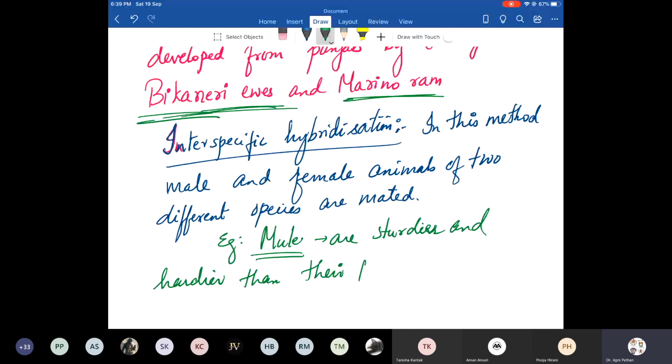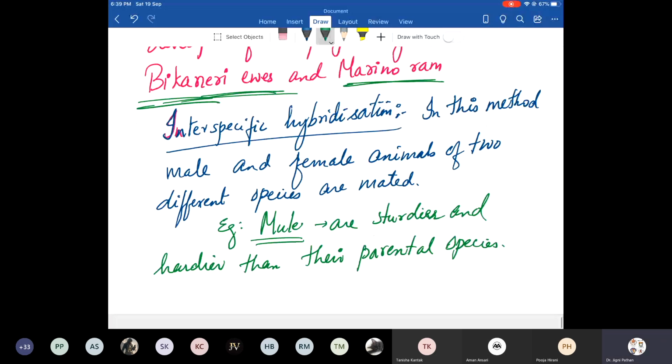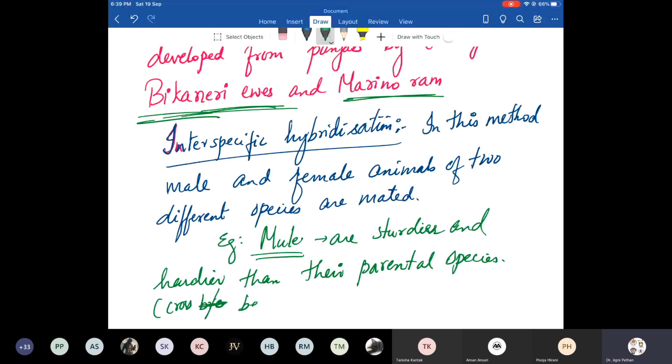Here, the mule is obtained by a cross between a male donkey and a female horse.